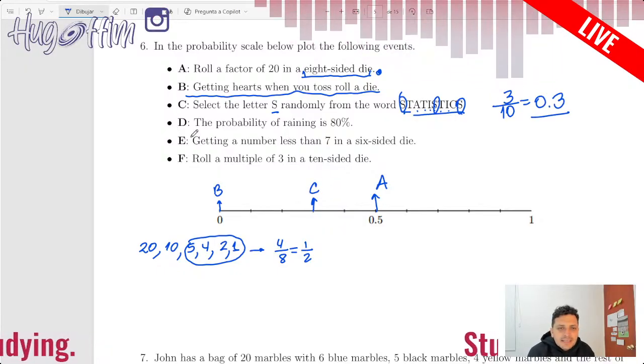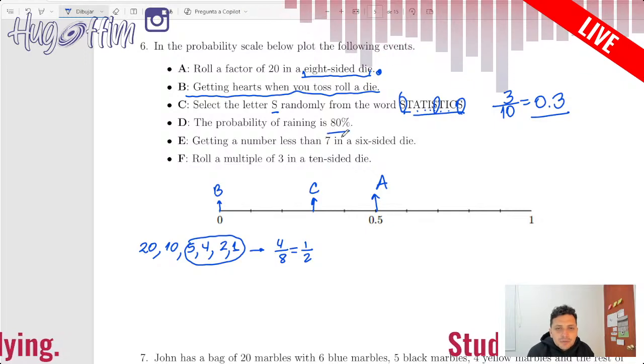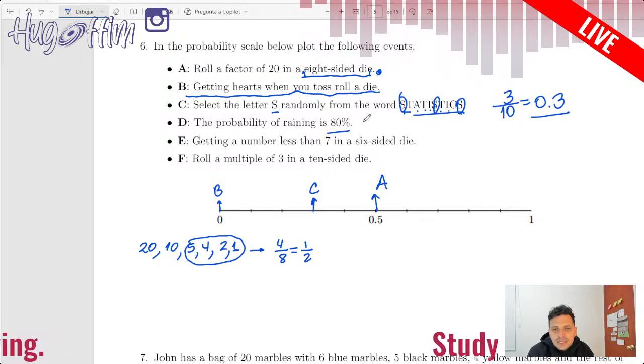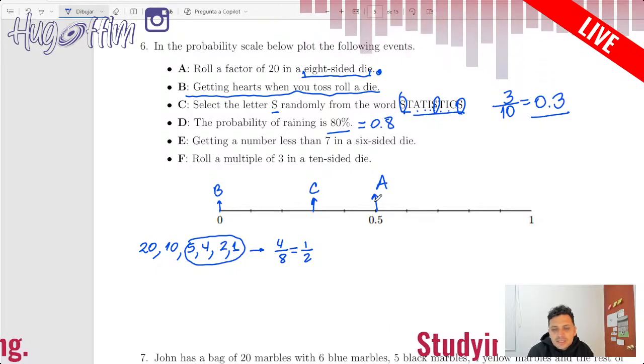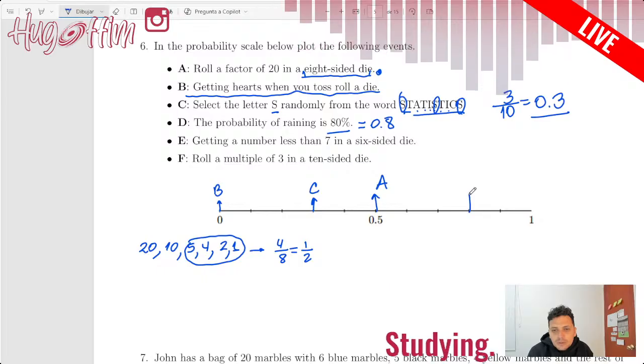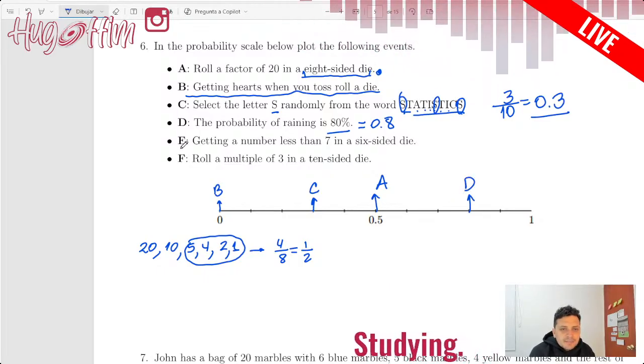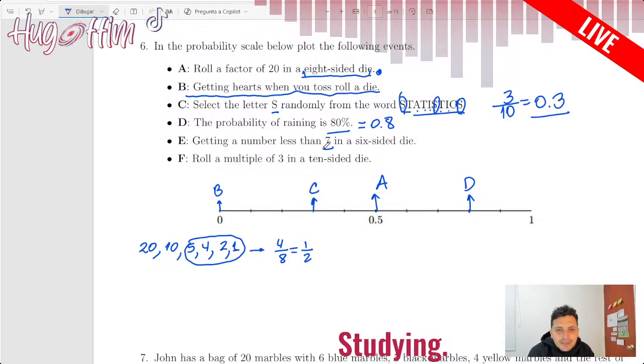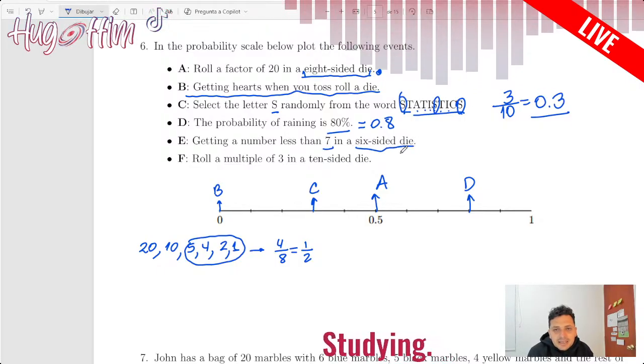It says D, the probability of raining is 80%. So 80% is equal to 0.8. So you just need to go 0.6, 0.7, 0.8, and we have here the probability of raining. Getting a number less than 7 in a 6-sided die. Look at that.